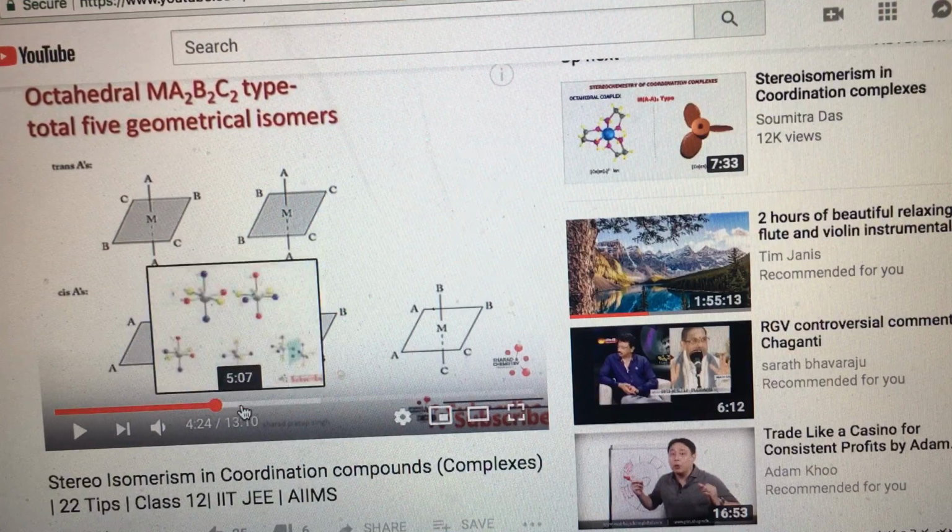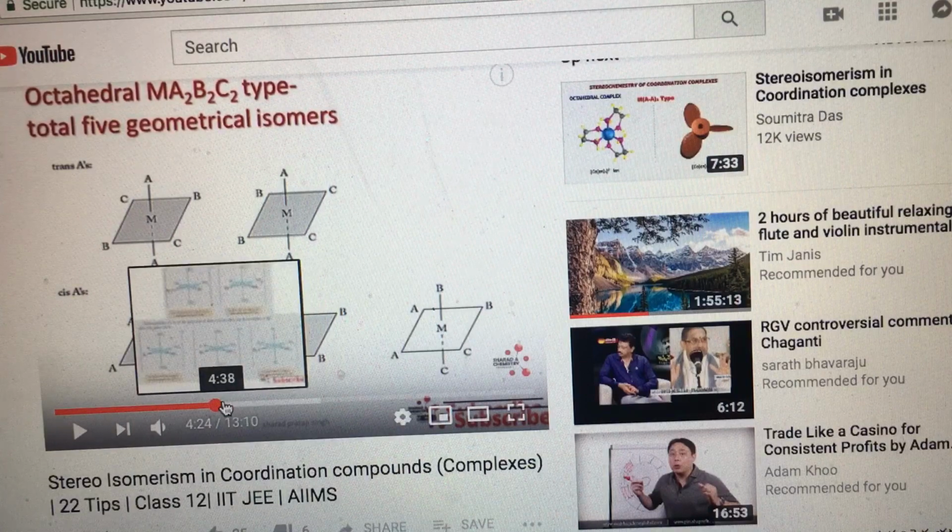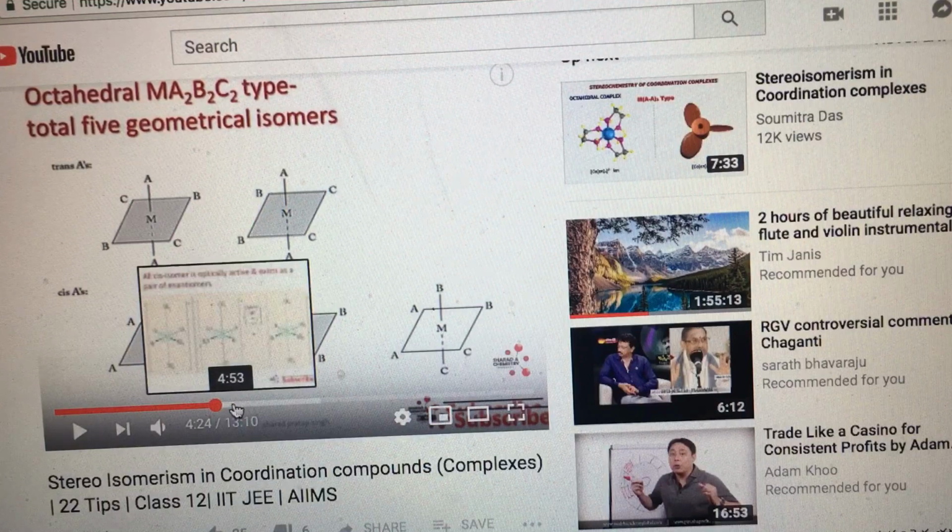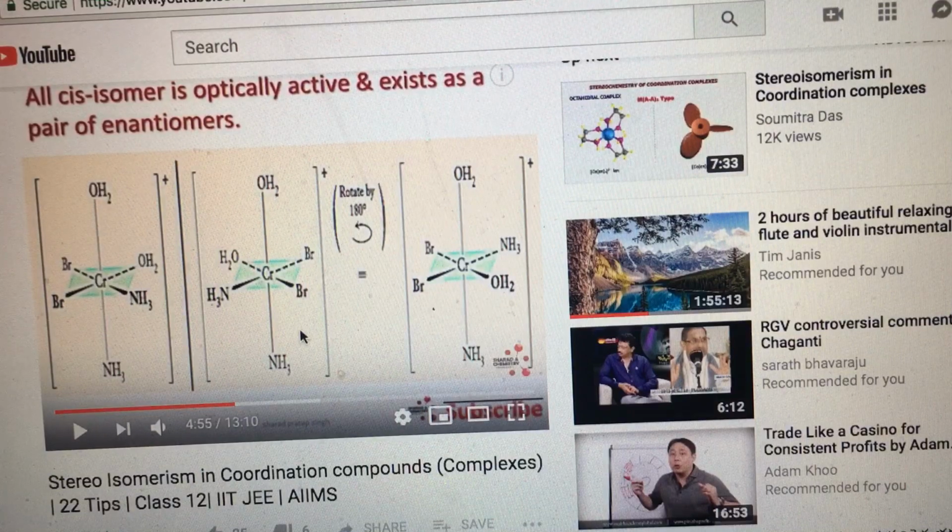Next thing. All 6 isomers of this category, M A B C 1, 2, cis, 6 isomers can be optically active.